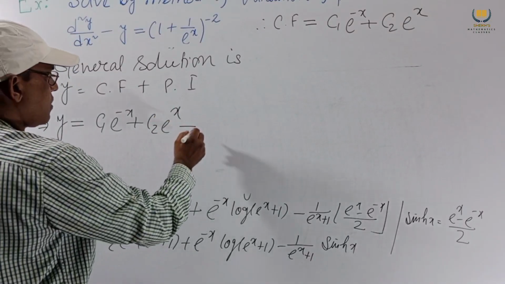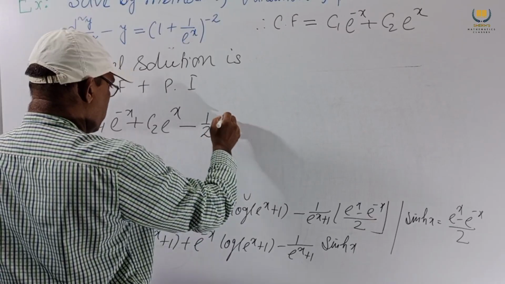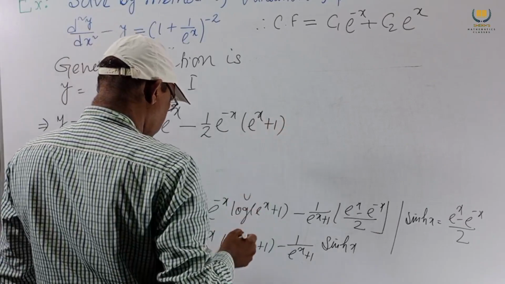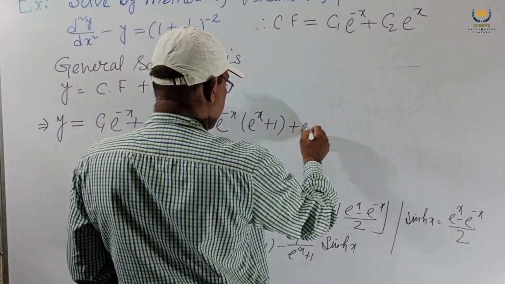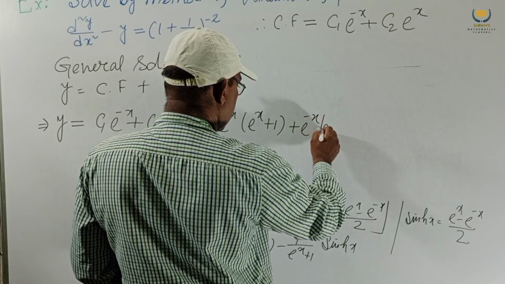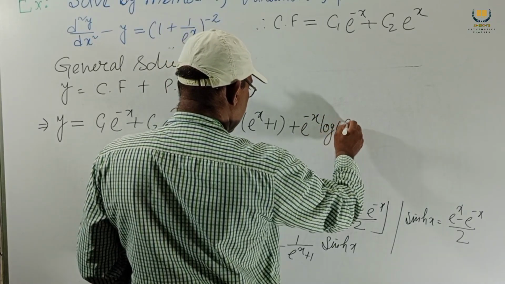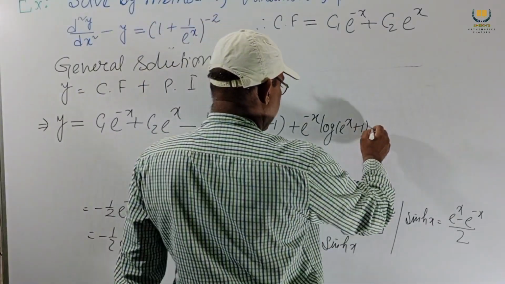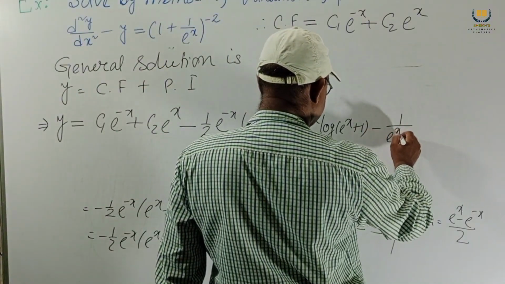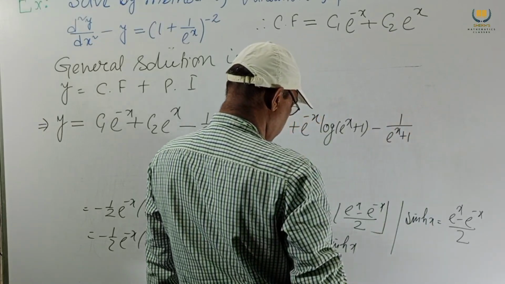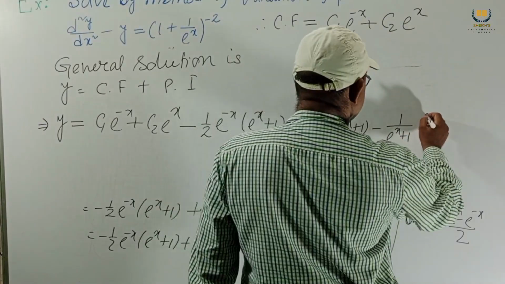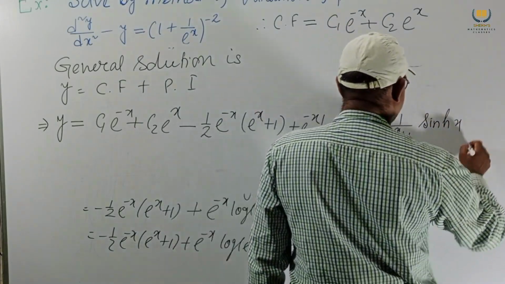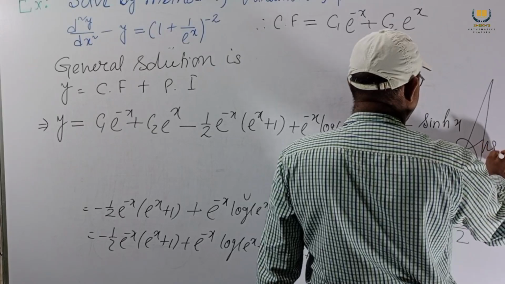PI means this: 1 by 2 e to the power minus x, e to the power x plus 1, plus e to the power minus x log of e to the power x plus 1, minus 1 by e to the power x plus 1, e to the power x plus 1, sine hyperbolic x, and this is our final answer.